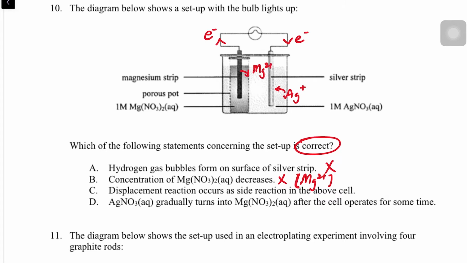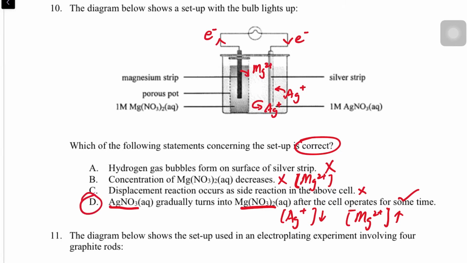C, displacement reaction occurs, no, because the silver ion cannot approach the porous part. If a displacement undergoes, then it will affect the chemical cell's operation. Finally, silver nitrate turns into magnesium nitrate, yes, because silver ion concentration decreases and magnesium ion increases. So finally, all the silver nitrate theoretically will turn into magnesium nitrate. So the answer is D.